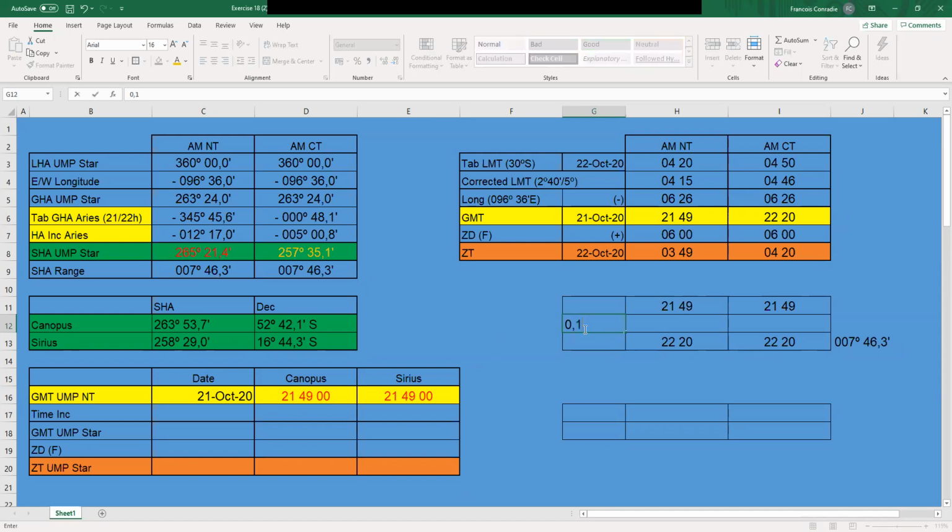So we have a change of 1 degree 27.7 minutes out of a maximum of 7 degrees 46.3 minutes.